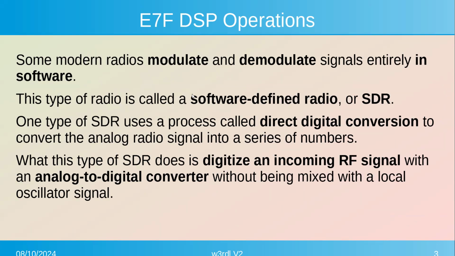Some of the modern radios, I'd actually say almost all of the latest radios, have at least some portion of a software-defined radio doing digital signal processing. They vary a little bit on the front end.